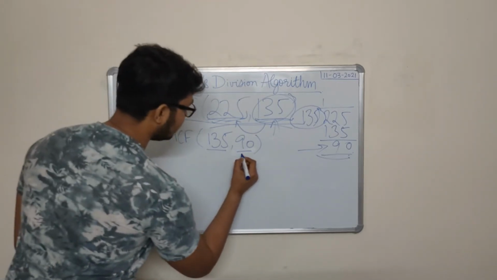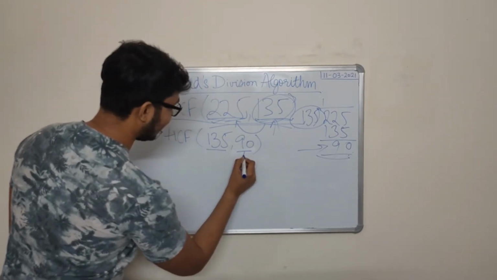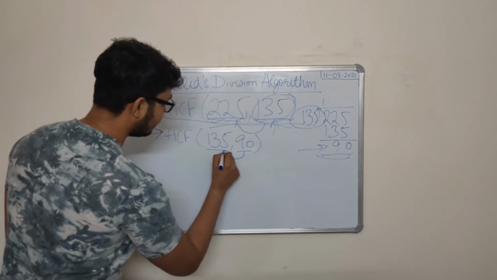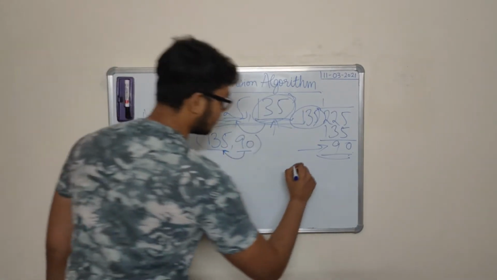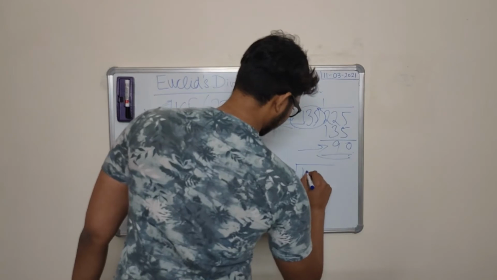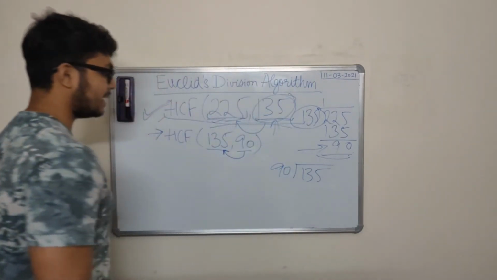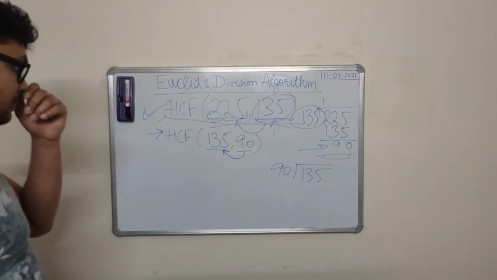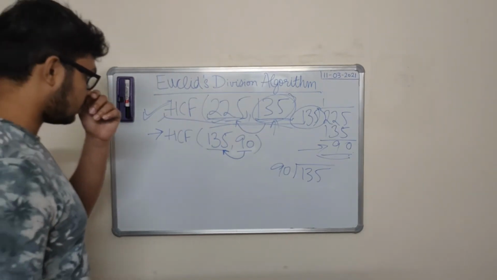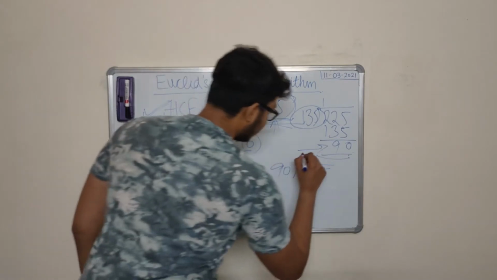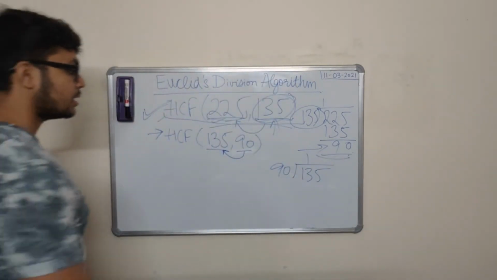Now I will try to find out if I can completely divide 135 by 90. So just do that basic division. I write 135 here, 90 here, and 2 would be 180, which is bigger, so this also goes in 1 time.